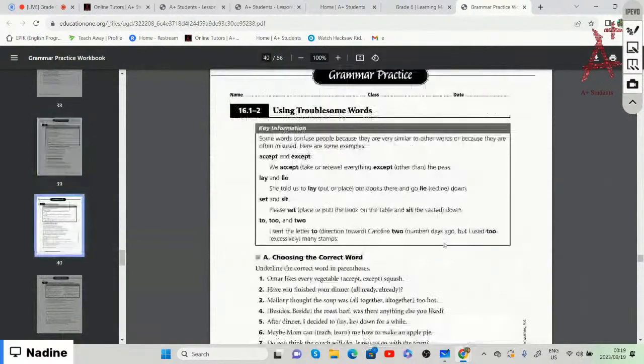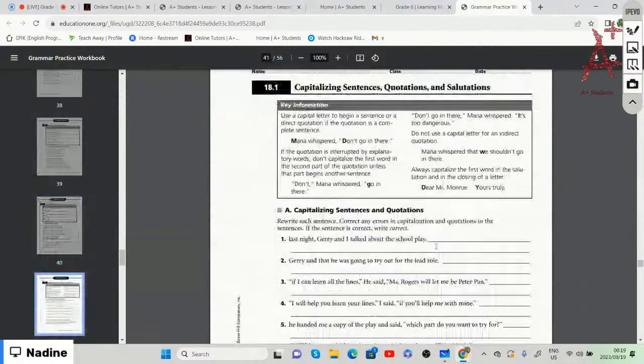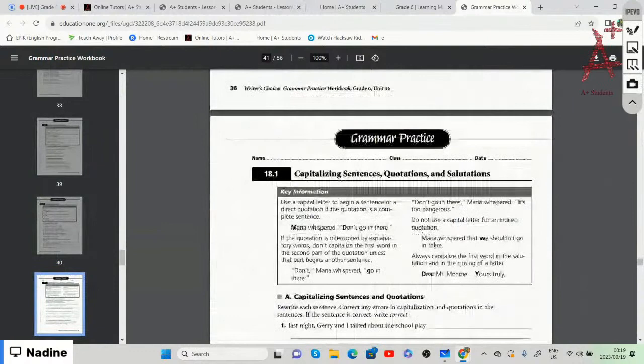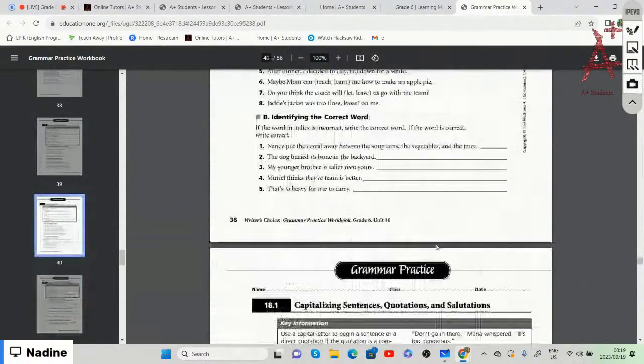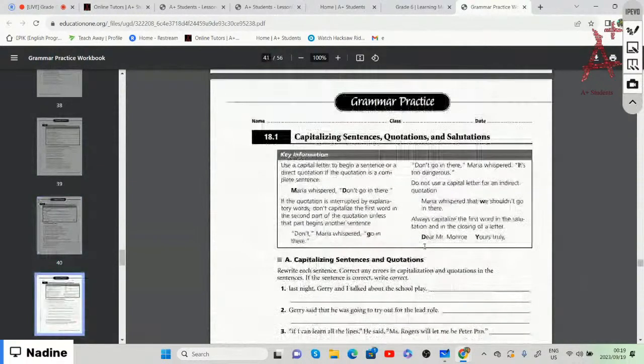So now we are on page 37, which is capitalizing sentences, quotations, and salutations.